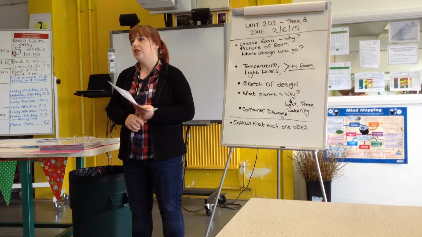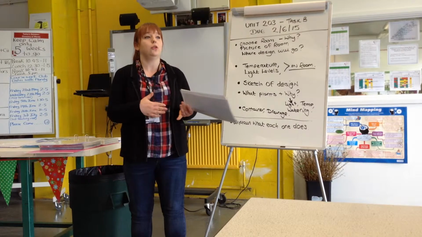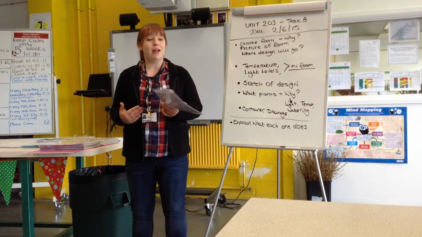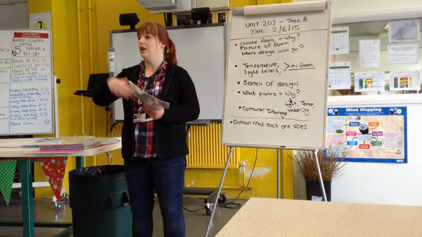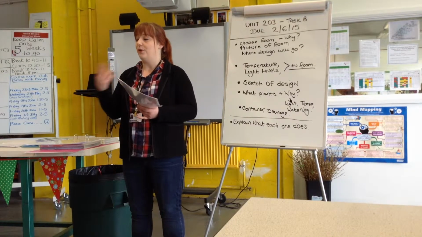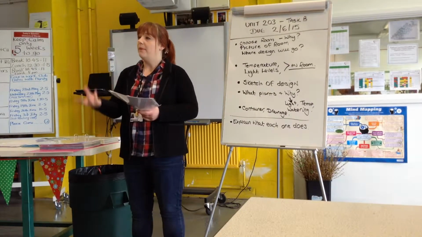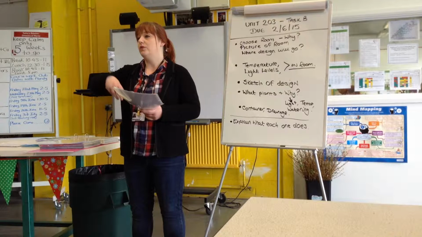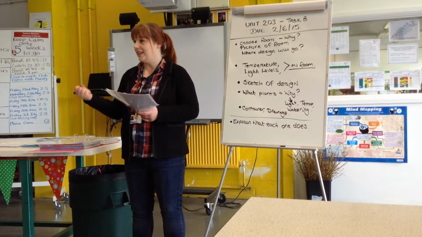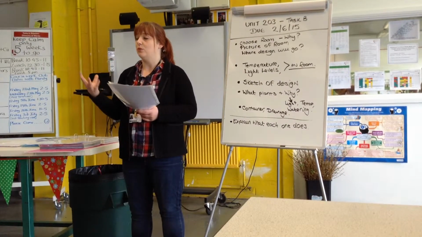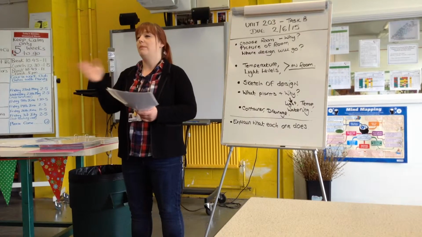If you've got quite a cool room, you might have to think about putting it somewhere closer to a window where it is going to get a little bit more heat so this can happen. But if it's a hot room, you don't want it near a radiator or anything like that, because that kind of heat will cause it to wilt. So it's all about temperature.